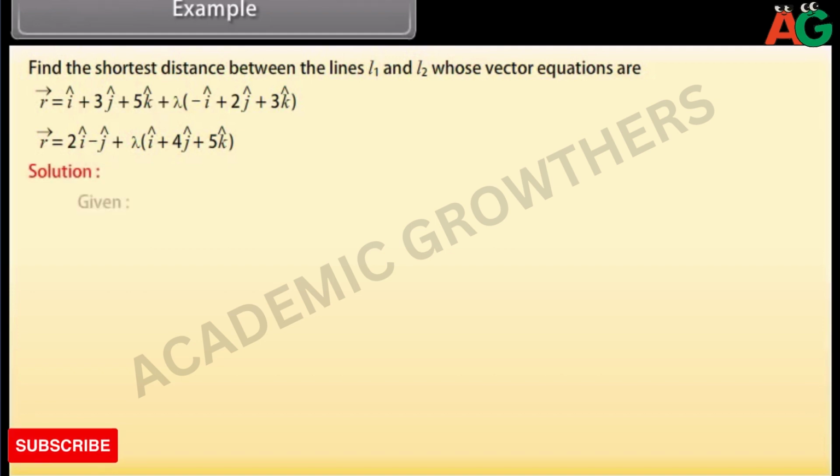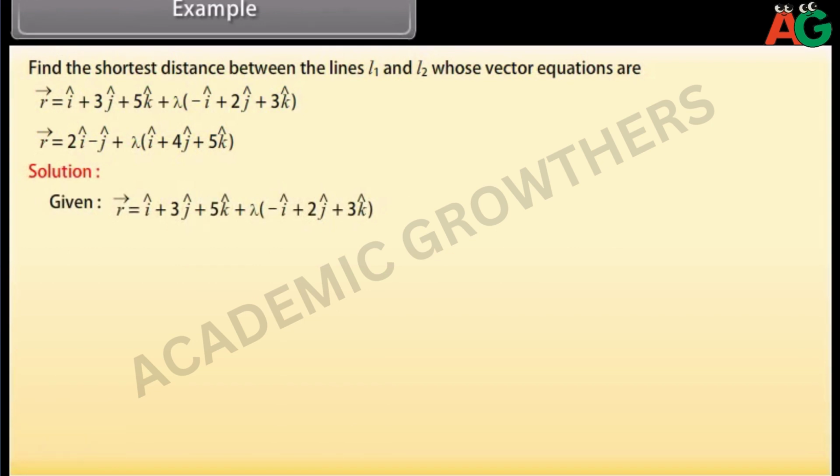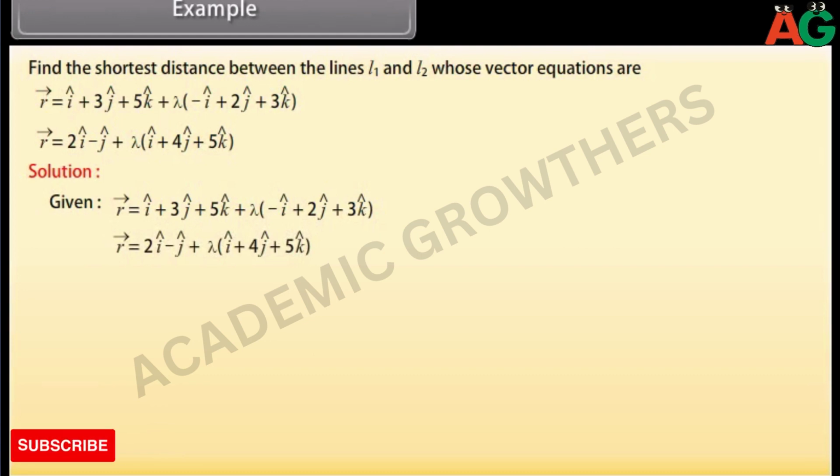Solution. Given vector r = i + 3j + 5k + lambda(-i + 2j + 3k), vector r = 2i - j + mu(i + 4j + 5k).